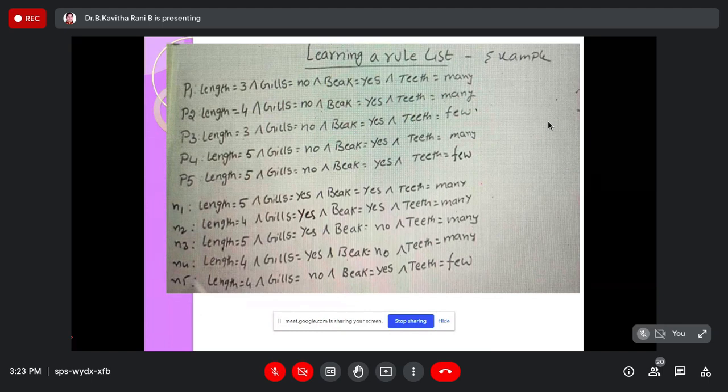Any instances we can consider. Then we define a rule such that most of the instances have to be eliminated. How are they eliminated? If we consider any particular rule, and that rule is generated, then we have to eliminate the instances here. Our aim is to consider all the positive instances and eliminate all the negative instances. With that only we will be getting the best solution.